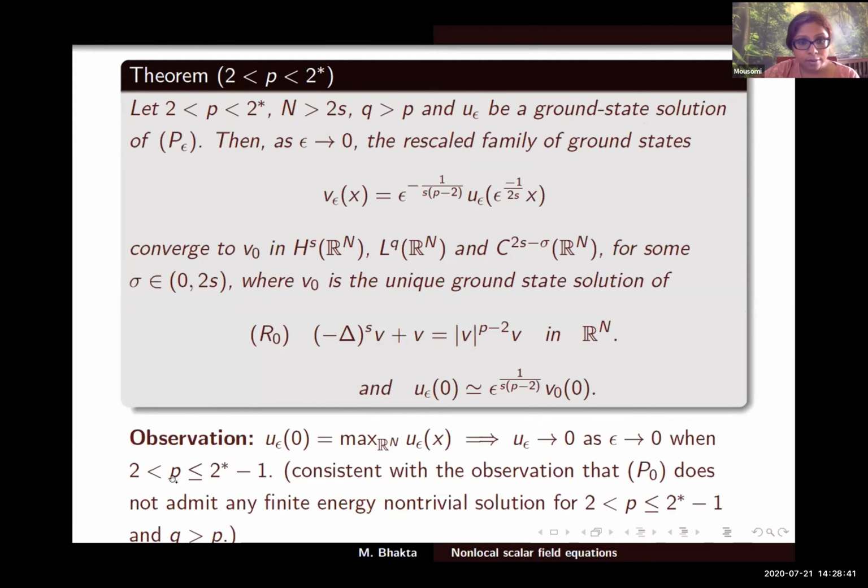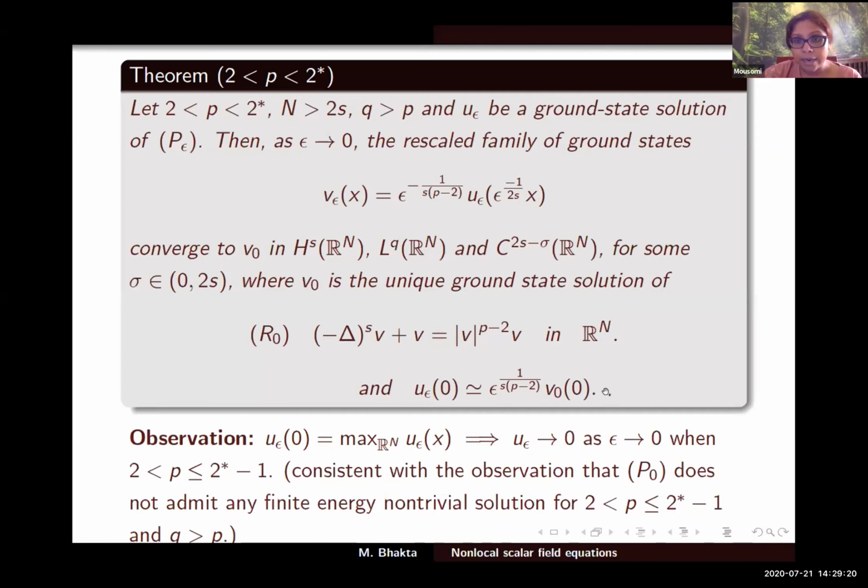So U epsilon goes to 0 as epsilon goes to 0 in the subcritical and critical cases. This is consistent with the observation that the equation P naught, that is, with epsilon equal to 0, does not admit any finite energy non-trivial solution when P is subcritical or critical and Q is greater than P. So when we have a solution in the subcritical and critical cases, as epsilon goes to 0 it vanishes, and we have the exact asymptotic rate at which it goes to 0.